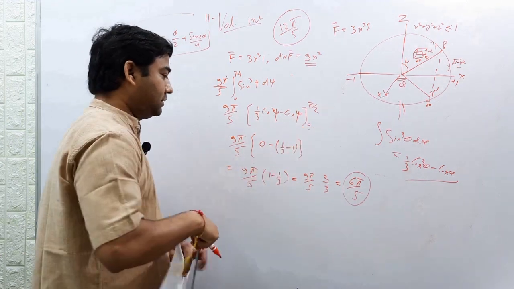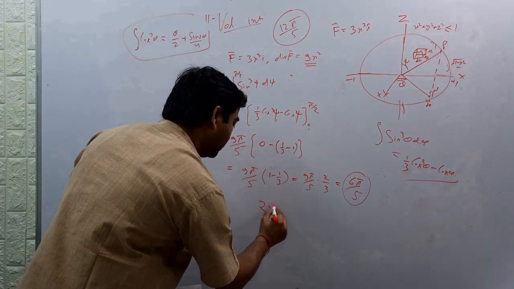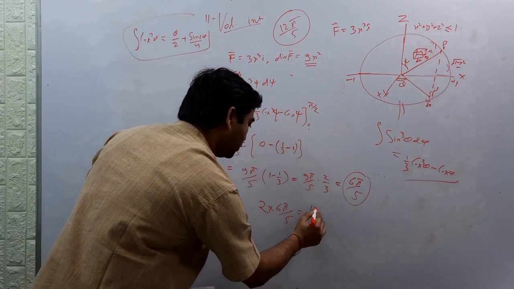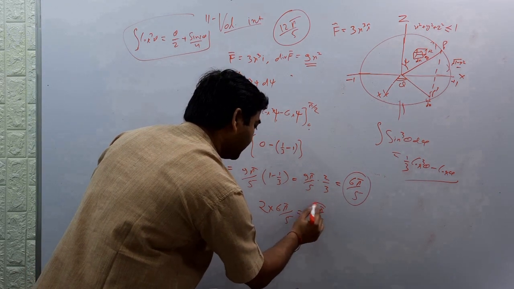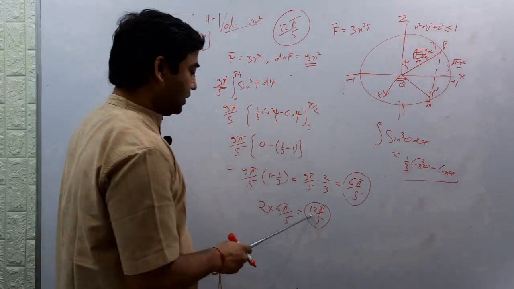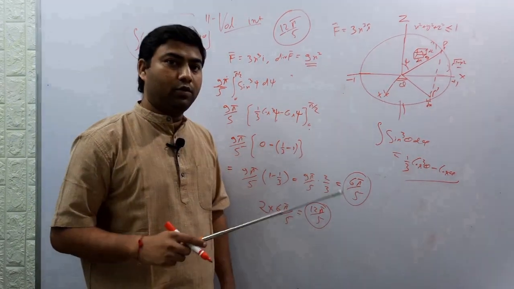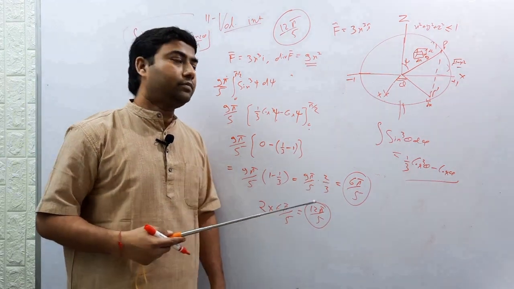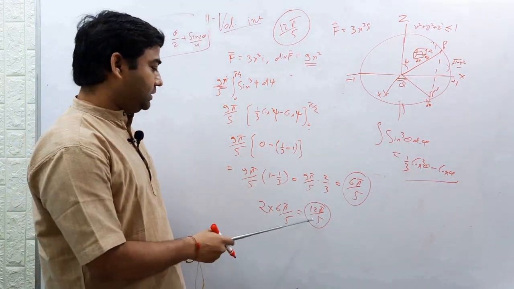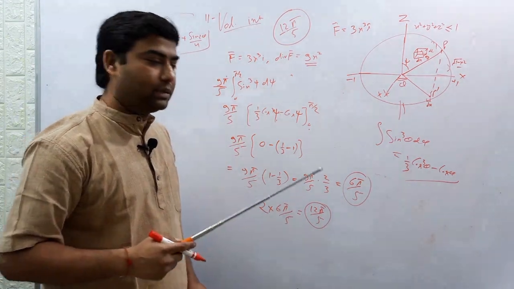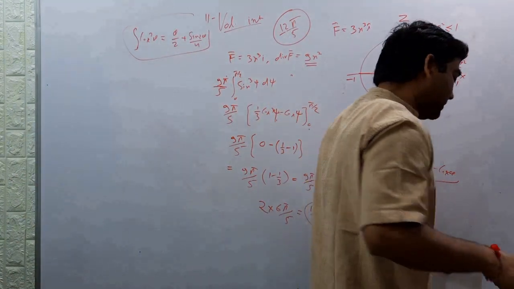For the total sphere, it will be 2 into 6 pi by 5, 12 pi by 5. So you can see 12 pi by 5 was calculated from single integration. So with the triple integration and single integration, the results are the same.